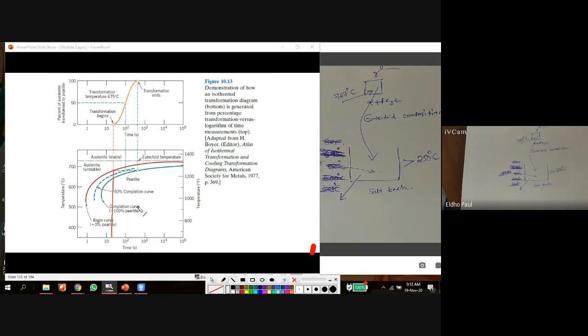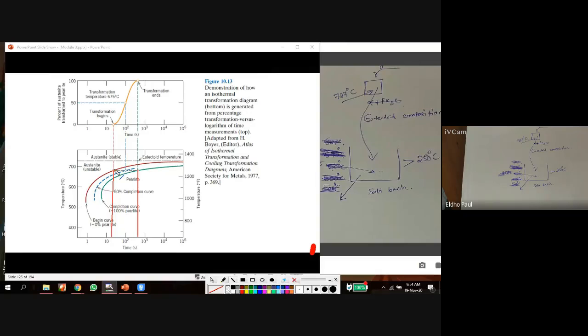The time is on a logarithmic scale: 1 second, 10 seconds, 10 raised to 2 seconds, 10 raised to 3 seconds. So the time required for the formation of pearlite is very high. Around 20 seconds to 10 raised to 2, that means 100 seconds, and 10 raised to 3, 1000 seconds, up to around 5,000 seconds is needed to complete conventional pearlite formation.